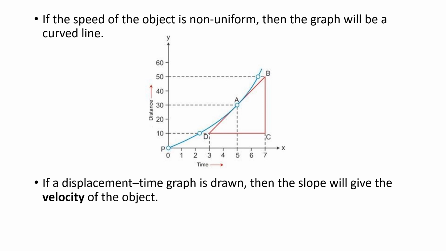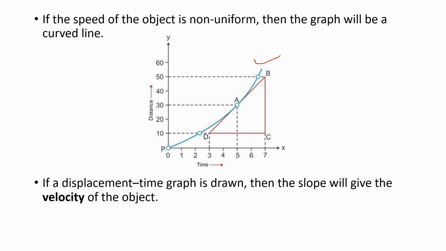Here, important point to be mentioned is that when the speed of the body increases with the passage of time, a distance time graph for such non-uniform motion is a curved line having increasing slope, like this one shown in the graph.